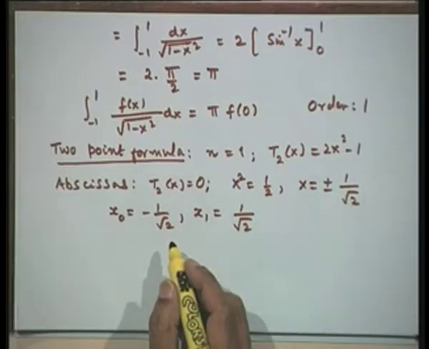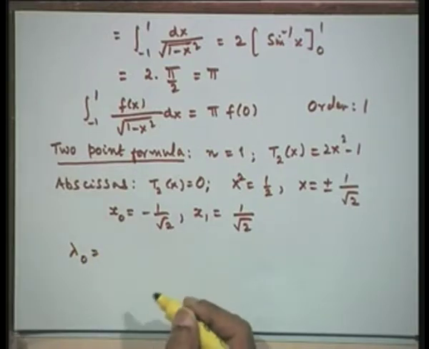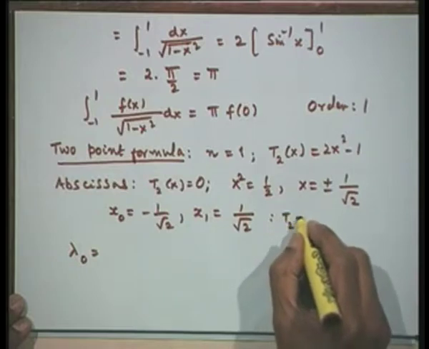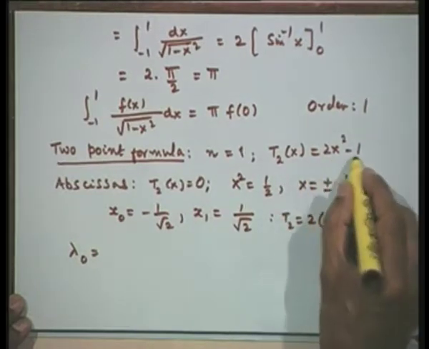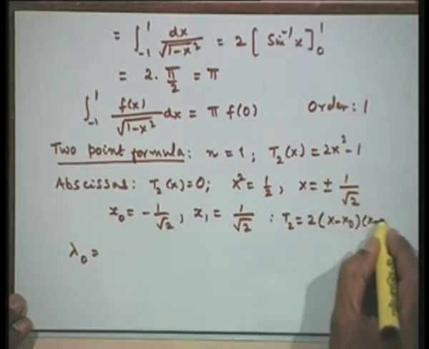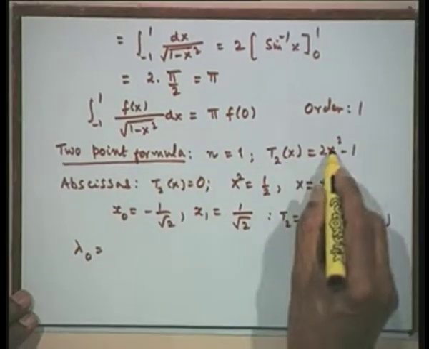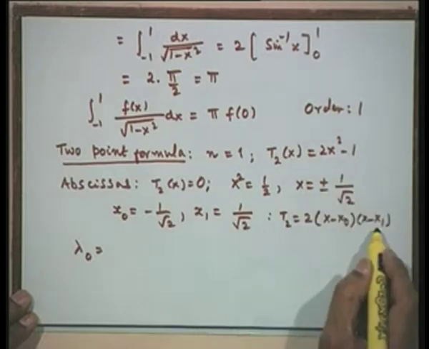Now, I need the expressions for lambdas. So, let us write down our lambda 0. Now, before doing that, let us do one more thing. t 2 of x, let us take 2 common out and write whatever is left as x minus x naught into x minus x 1, because it is easy then to cancel. So, I will write down t 2 of x, 2 I will take common, and this is a factor of x minus x naught, x minus x 1.